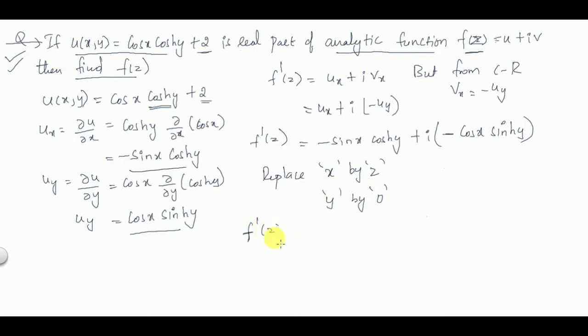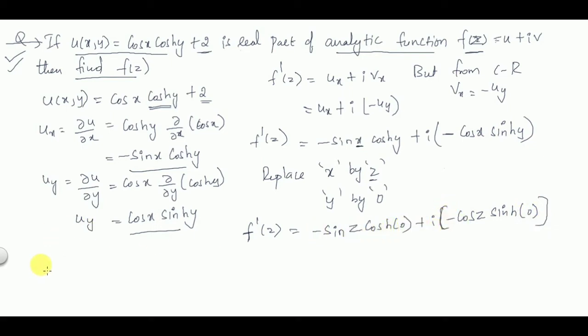So f'(z) is equal to minus sin x, where x is replaced with z, so I am writing sin z, into cosh of 0, plus i into minus cos of z, and sinh of y is replaced by 0.